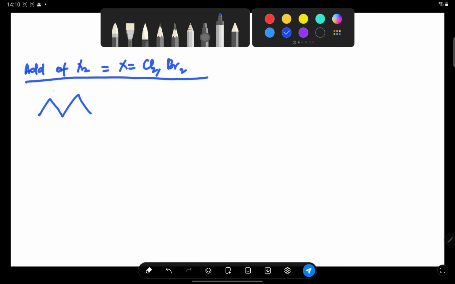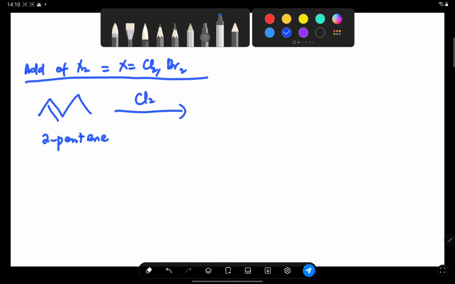For this kind of reaction, we do not follow the Markovnikov rule. We just have 1, 2, 3, 4, 5. Here we have 2-pentene. So you just add halogen at the unsaturated part, at the carbon-carbon double bond.